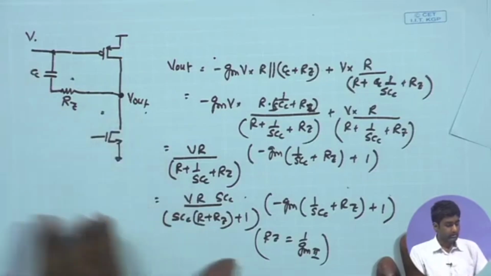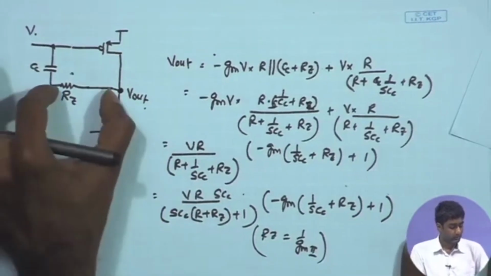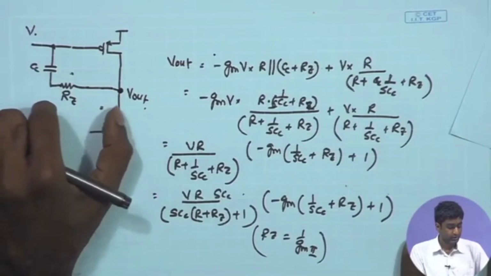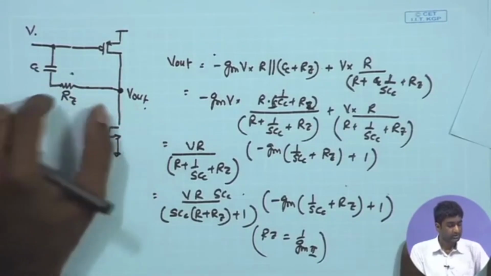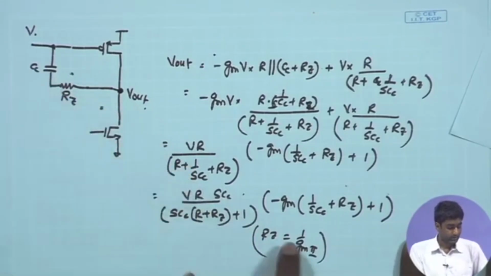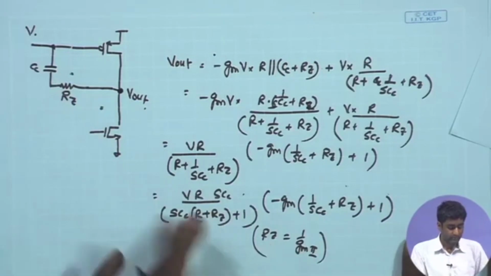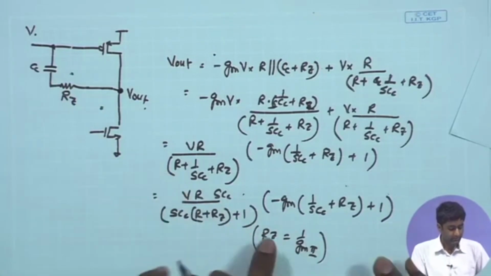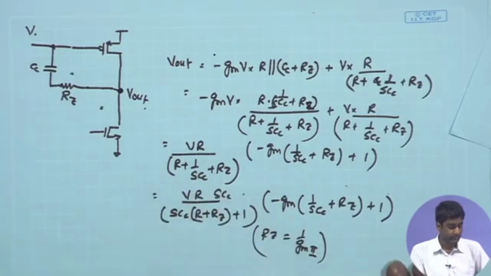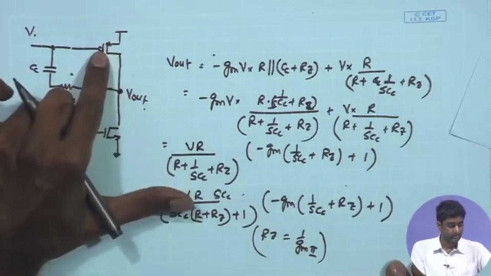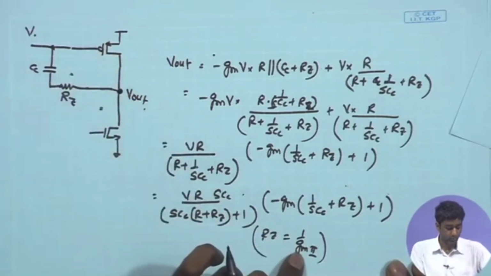Now, the problem here is the value of Rz to be chosen and how robust this combination can be. We know that this Rz is a passive element which can be relatively well defined with plus minus 10% accuracy.